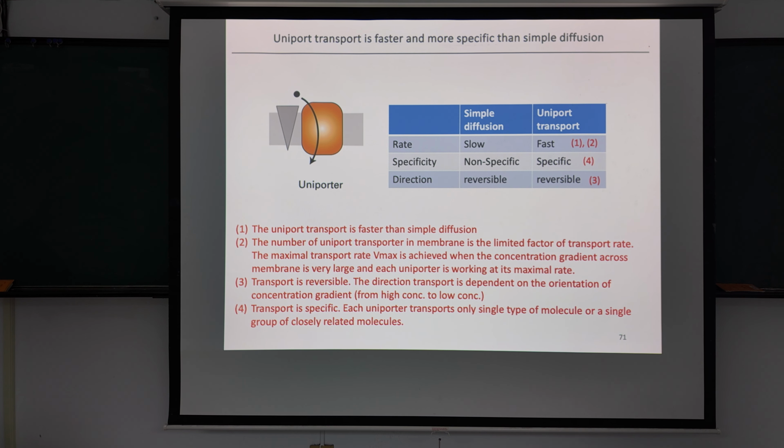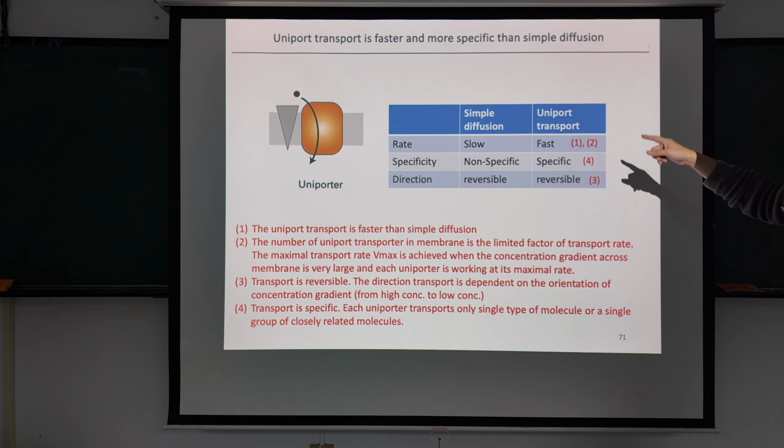It's faster than simple diffusion in most cases. As for specificity, simple diffusion is non-specific. It all depends on the hydrophobicity and the size, no matter what kind of molecule it is.